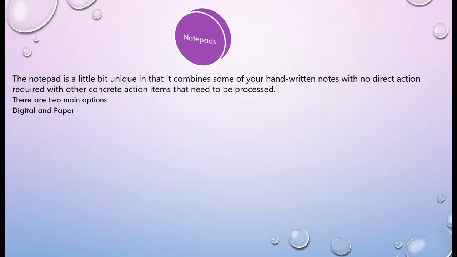When you look at digital, you have, for example, Notepad++, or maybe Google Keep, or Evernote, or OneNote from Microsoft. These are all application-based notes that can be written with your hand, and you can record your voice, put in your ideas, and draw within your notes.